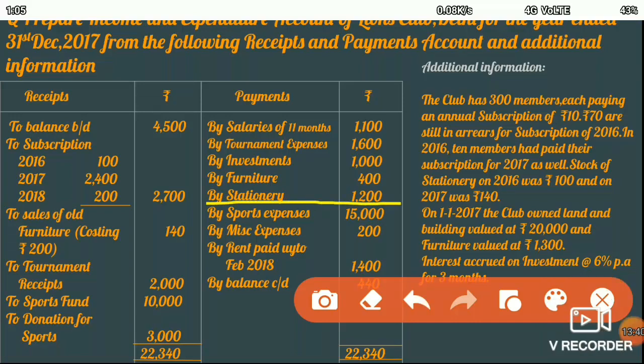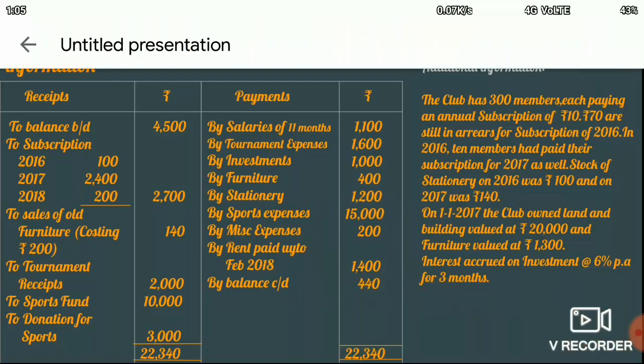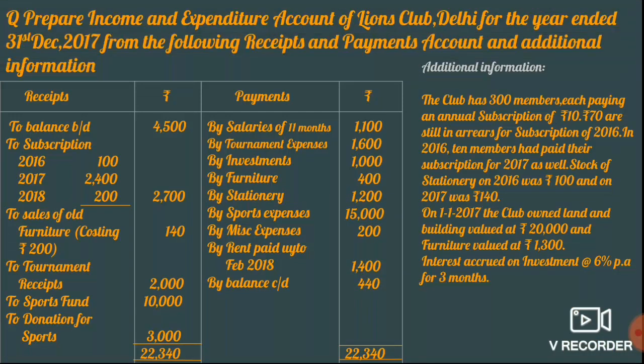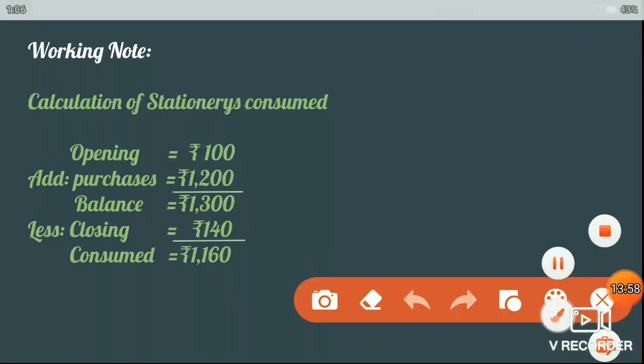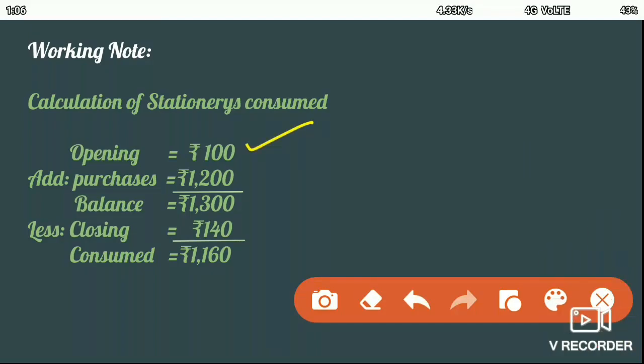The stationery purchased during the year is 1,200. Since they have given us the opening stock of stationery and the closing stock of stationery, we have to take the actual stationery consumed in this sum. So to calculate the actual stationery consumed or used during the year, we have to calculate in this way. According to the additional information, the opening stock of stationery was 100 rupees.